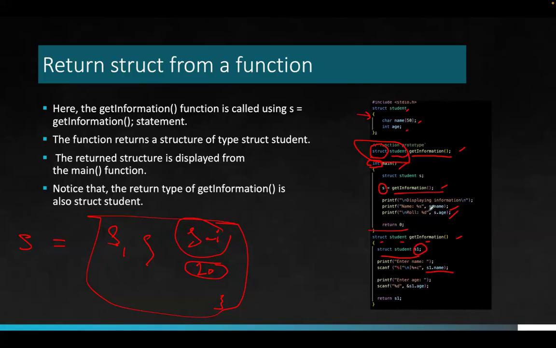And second, to inherit the properties of the student, we have used the student alias name s1. Once we get the inputs from the user, we store them in the structure's name and age. When that is done, we pass this to variable s and print whatever data was inputted.